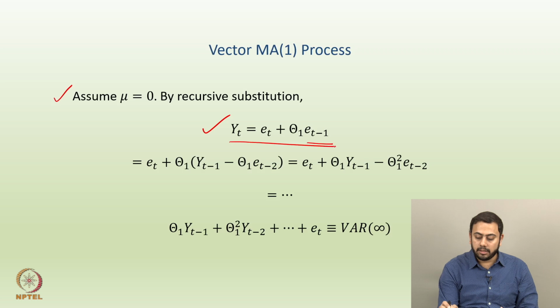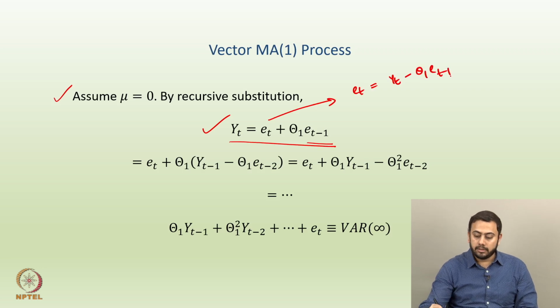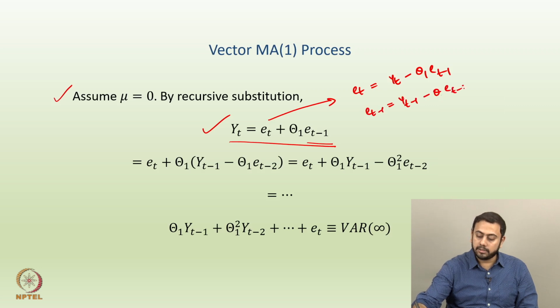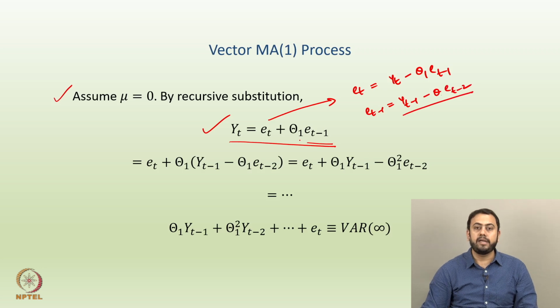From this equation, e_t becomes y_t minus theta_1 e_(t-1), and hence e_(t-1) would be y_(t-1) minus theta_1 e_(t-2). Then I can replace back where I have e_(t-1), and this gives a recursive substitution. The first stage would be that, and again I can replace e_(t-2) similarly, and so on and so forth.